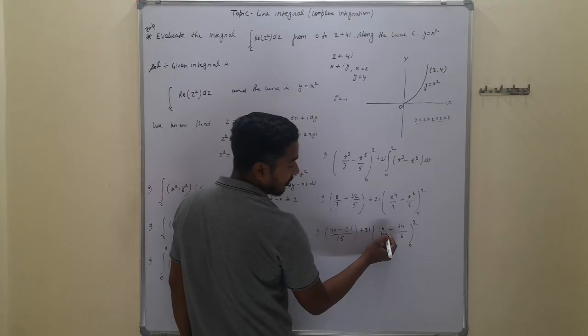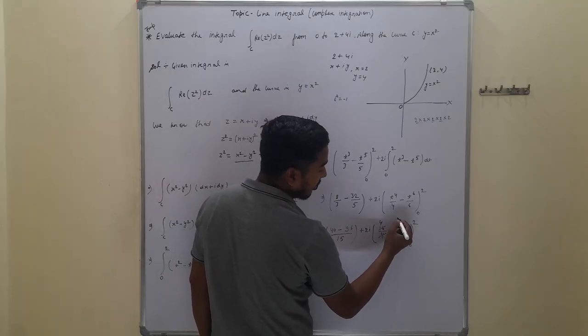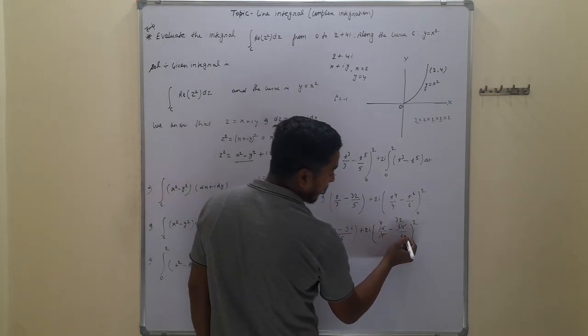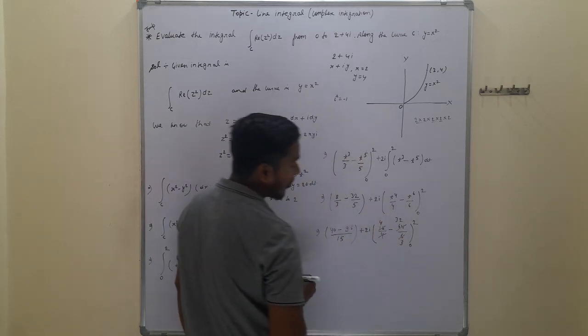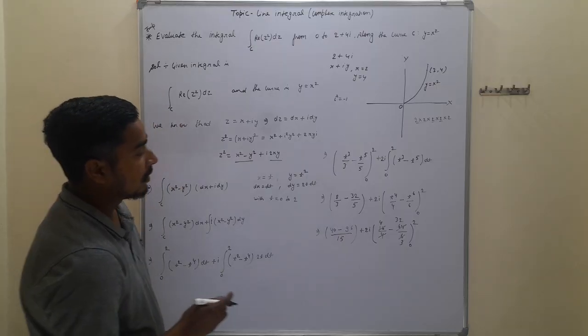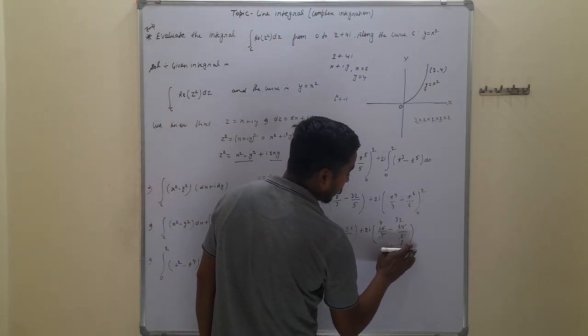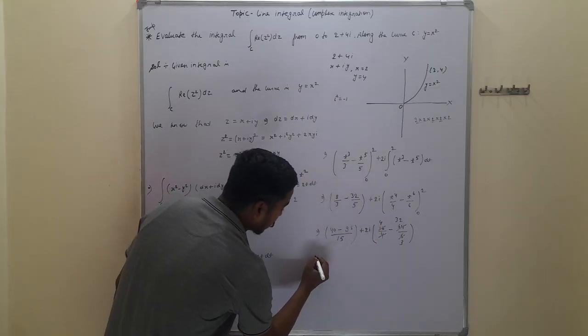Cancelling the terms: 4 4s are 16, and here we also cancel, 32 2s are 64 and 2 is 6. Further we put the limit in our step and solve.